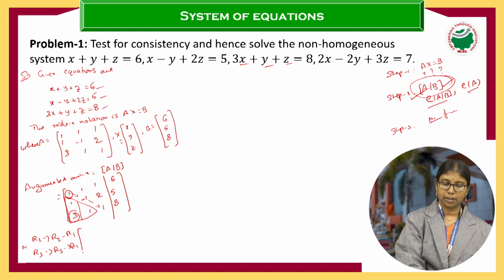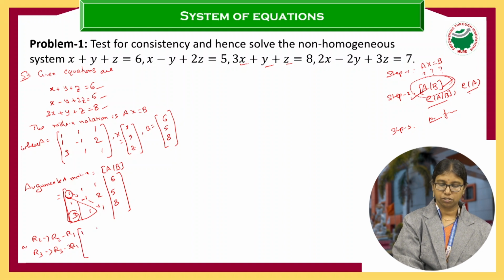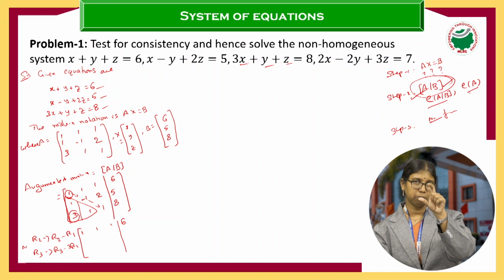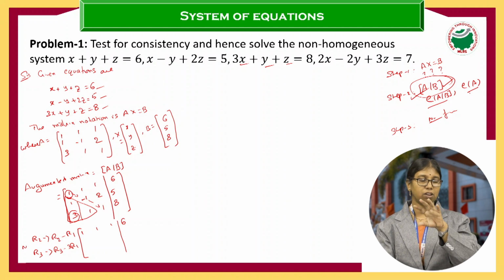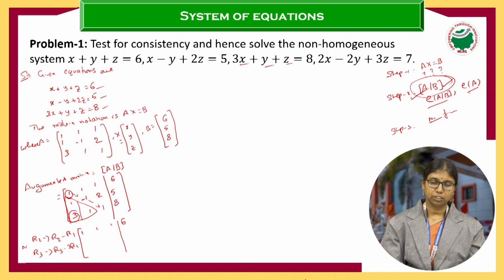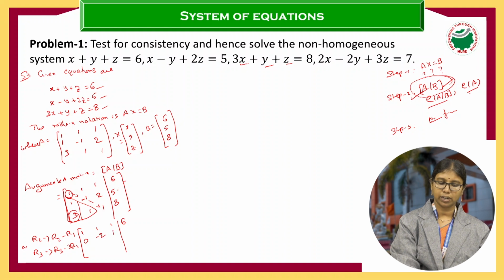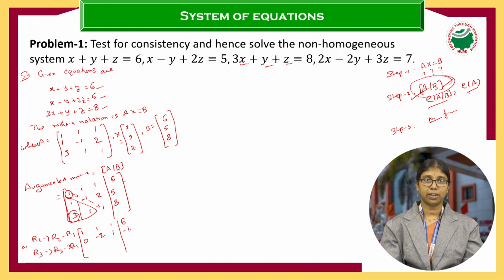Now what about the matrix? We are not changing the first row: 1, 1, 1 and this is also 6. Whatever row operations we apply for matrix A, apply the same operations for B also. Now R2 minus R1. Subtract these two rows: 1 minus 1 is 0, minus 1 minus 1 is minus 2, 2 minus 1 is 1, 5 minus 6 is minus 1.